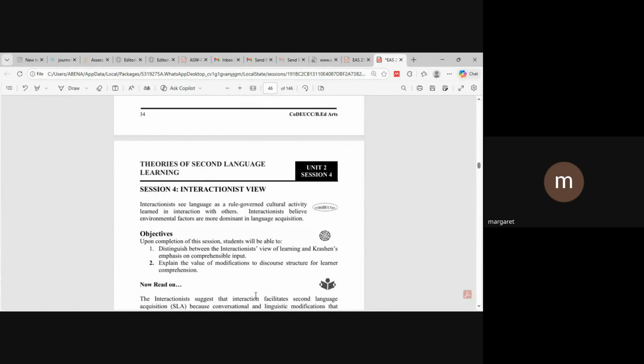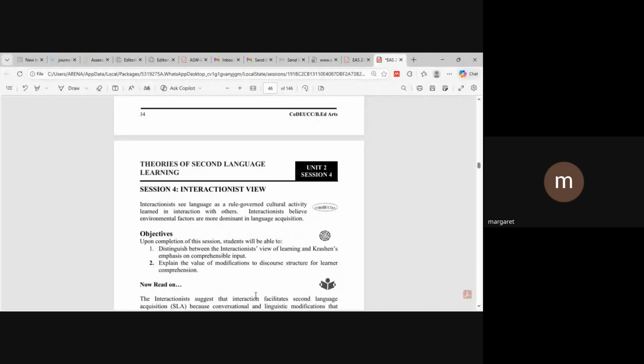Now, with this theory, they are saying that language learning occurs when we interact with our environment. The individual is able to learn a language because they are interacting with their environment.